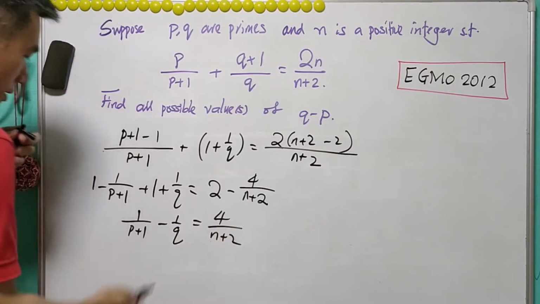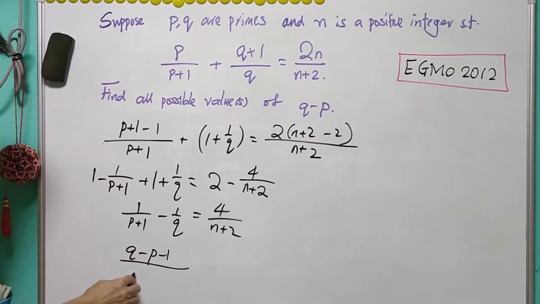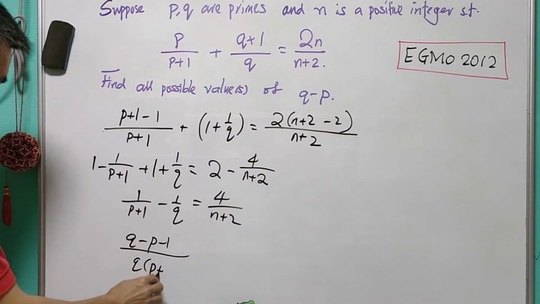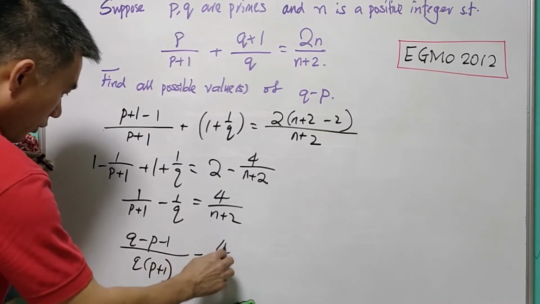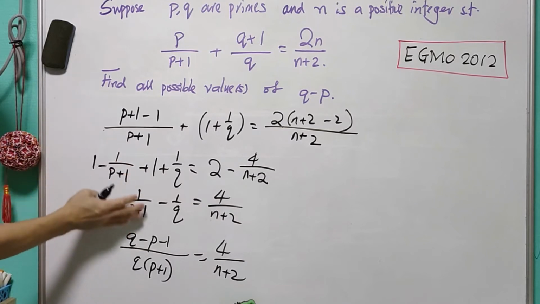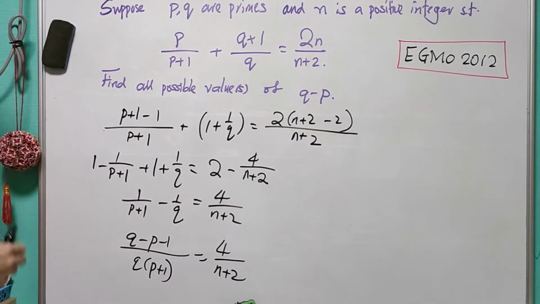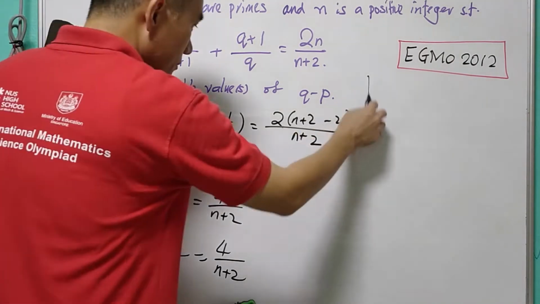Then this means that Q minus P minus 1 over Q times P plus 1 equals 4 over n plus 2. This is just a simple algebraic manipulation, and from this step on, there is an important idea behind it.